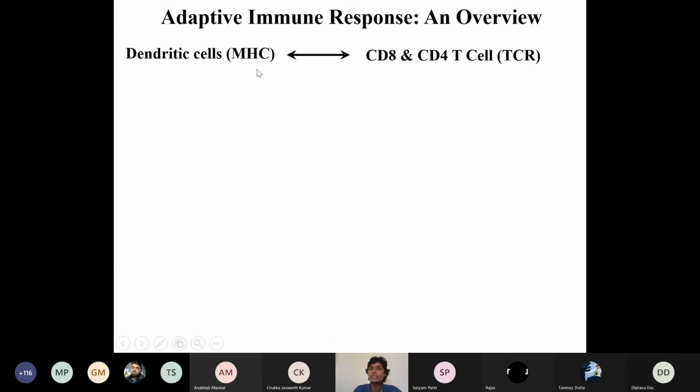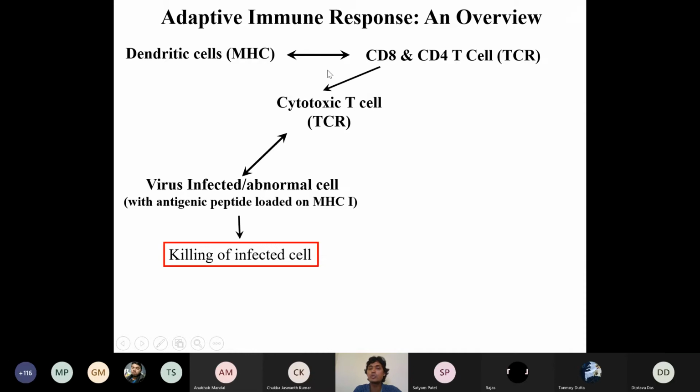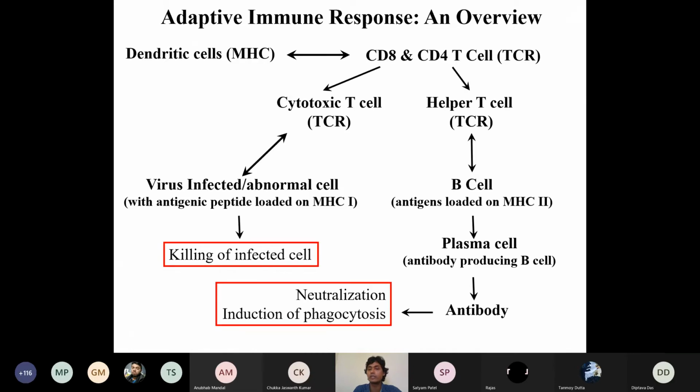So it has MHC on the surface, and when that MHC presents antigen, we have two types of T cell, as I already told. Those T cells will identify the antigen presented by this MHC, and on the basis of that, two pathways. In one pathway, it will make antibody, and in the other pathway, it will directly kill the infected cell.